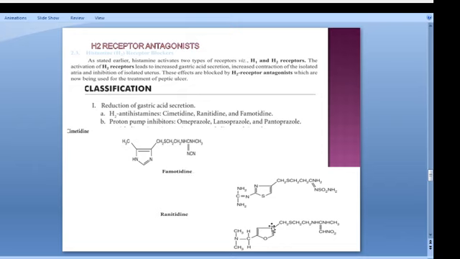Mainly for the H2 receptors, we can see the structure activity relationship: the imidazole ring is not required for competitive antagonism of histamine H2 receptors.